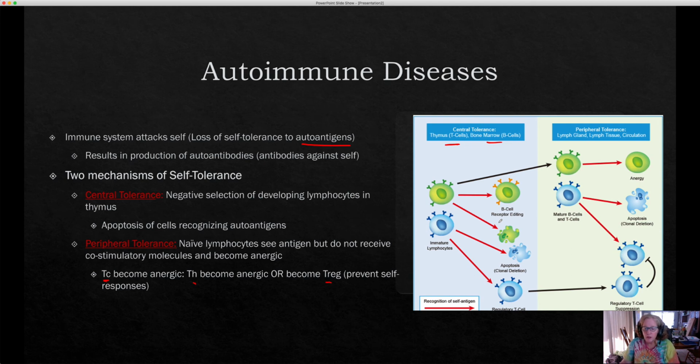In peripheral tolerance, our B cells are now in the lymph node. So this is occurring in the lymph node and in lymphatic tissue. In this case, cells are being presented antigen, but they're incapable of responding. So they either become anergic, which is kind of an activated but non-effector cell, or they can mature and either go into apoptosis or go into T regulatory.